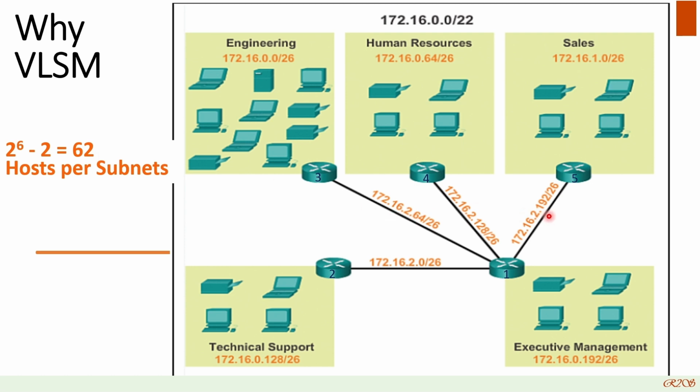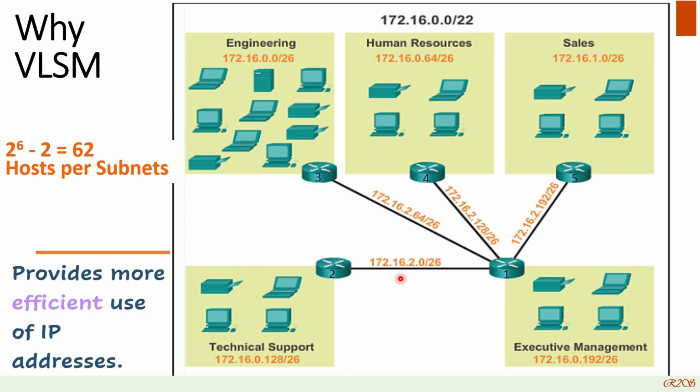Consider that we have 4 such networks, and for each we need only 2 IP addresses, but we are allocating 62. That means we are not using lots of IP addresses. We are wasting very precious IP addresses.